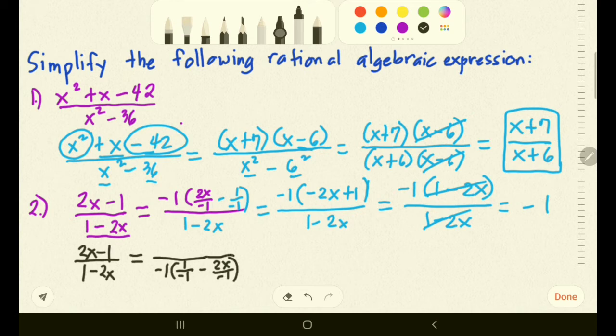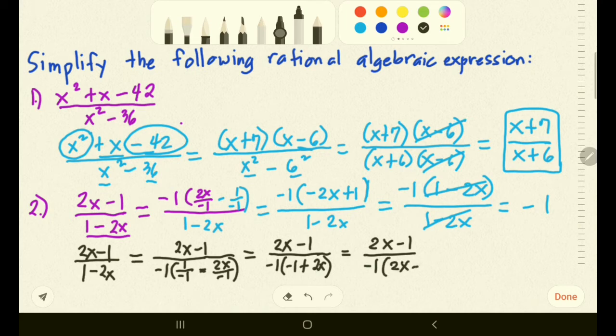Since our goal for the denominator is to get 2x minus 1, just copy the numerator. 1 divided by negative 1 is negative 1. Negative divided by negative is positive, so plus 2x. So that would be 2x minus 1 over negative 1. Rearrange that, and it becomes 2x minus 1.